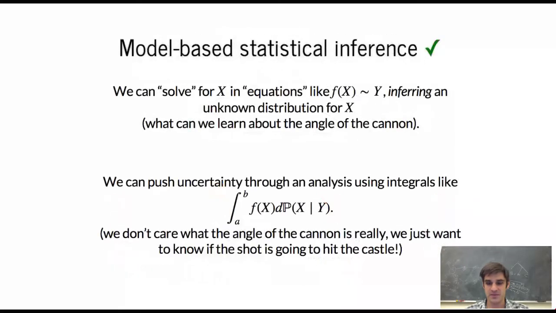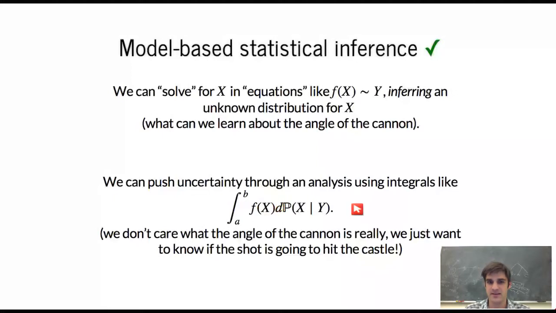This is the first part of my outline, talking about model-based statistical inference. We can solve for X in these equations, and then we can also integrate out uncertainty to get final estimates. Here, we don't really care a priori what the angle of the cannon really is.